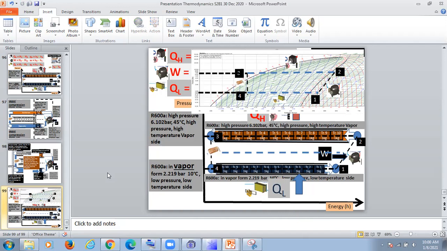Okay. That's why you can see that in evaluation of this kind of cycles, pressure is one of the key parameters because this loading and unloading, the energy releasing and energy receiving, take place at saturated liquid-vapor conditions.